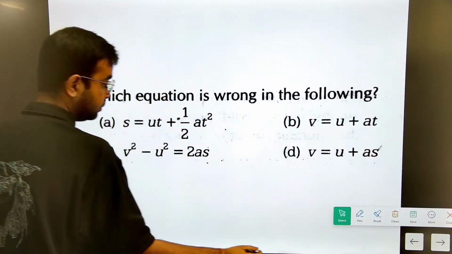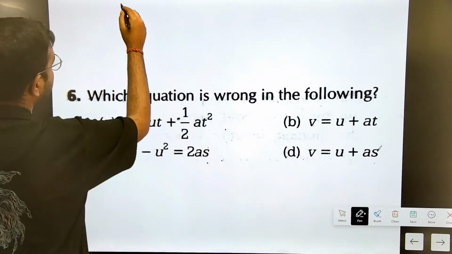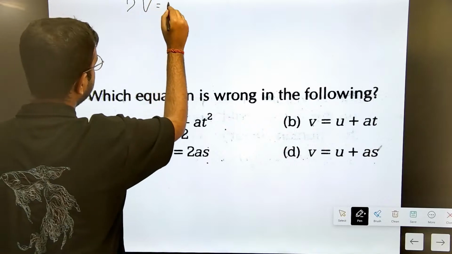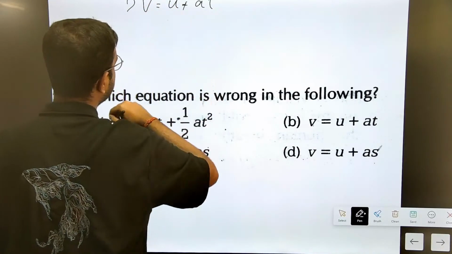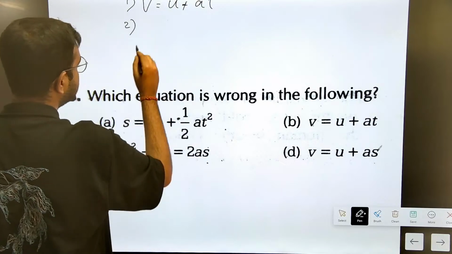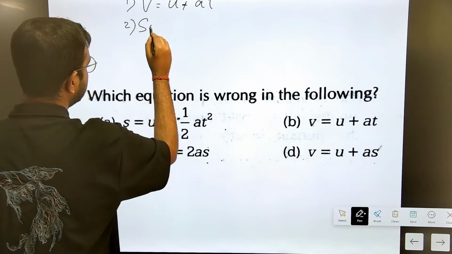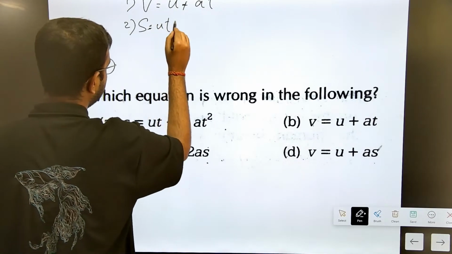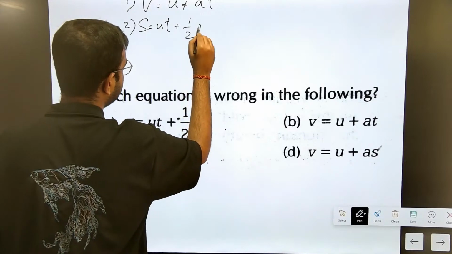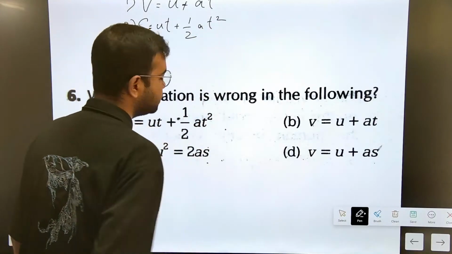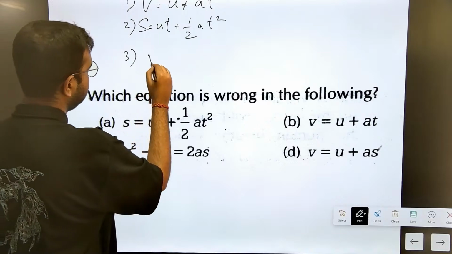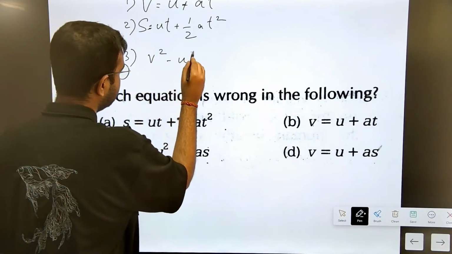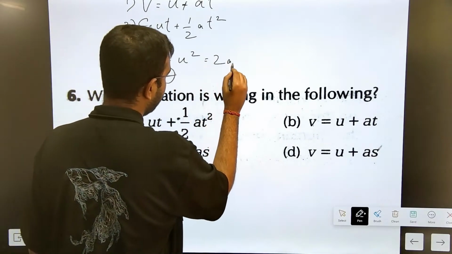First is v equal to u plus at. Okay. Second is s equal to ut plus half at square. Okay. And the third one is v square minus u square equal to 2as.